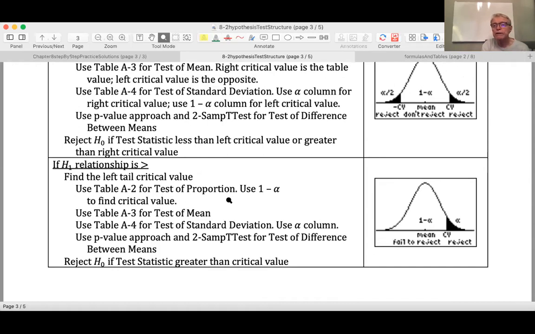So let's now look at some practice problems and see what we would do for each one in terms of critical value. So I'm going to stop sharing this and go over to here, set this up, and go back and share again.